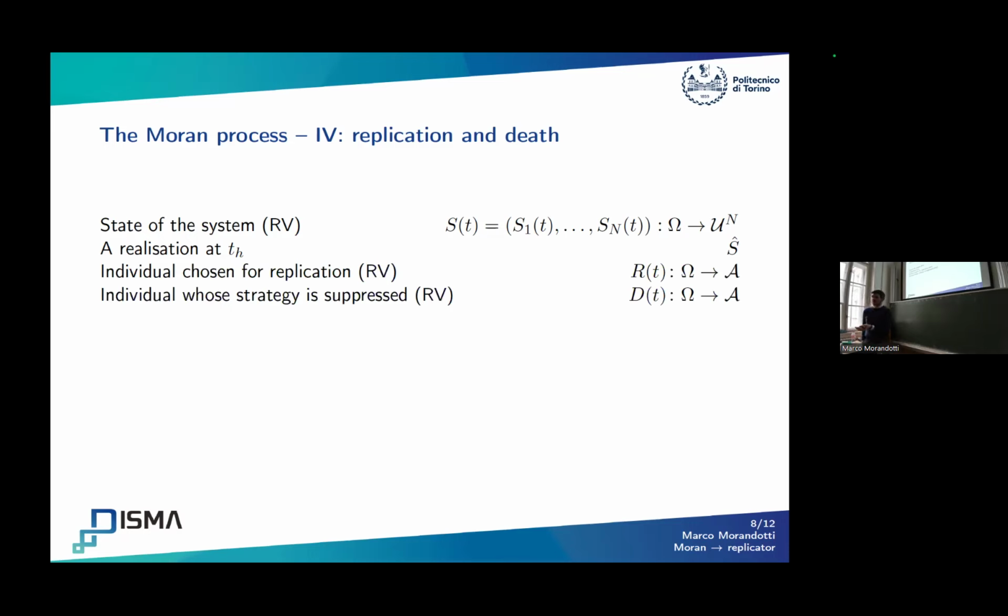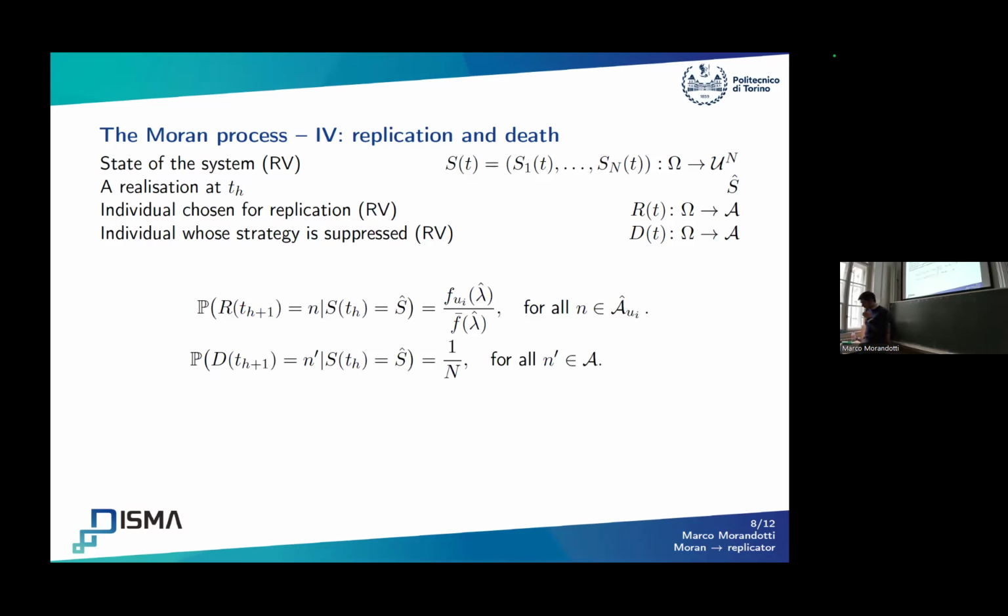And now I need to define two more random variables, one that describes the individual that's chosen for replication, and one that describes the individual that's chosen for abandoning the strategy. I denote them by capital R and capital D. And so I need to check the probability that, given my picture of the state at time t_h being equal to s hat, then at time t_h plus 1 the individual chosen for replication is a certain n, for any n that belongs to those carrying strategy u_i of those that I've observed at time t_h.